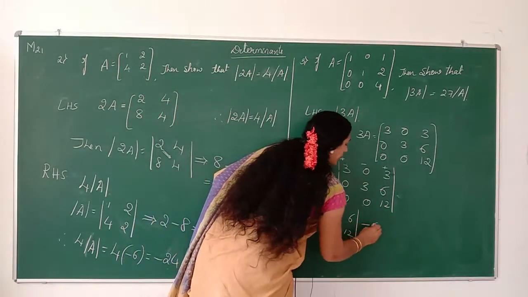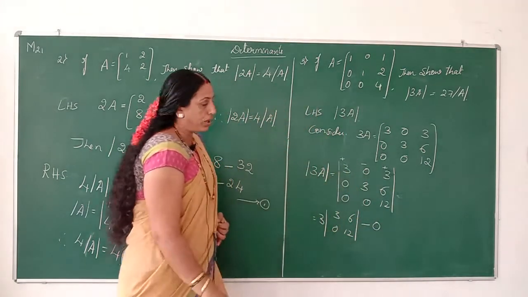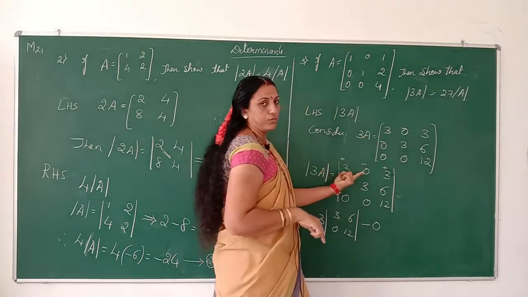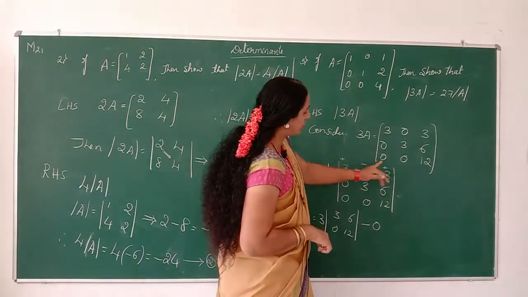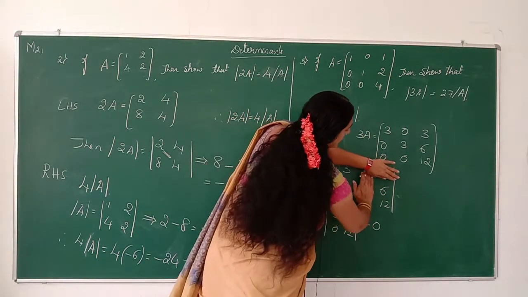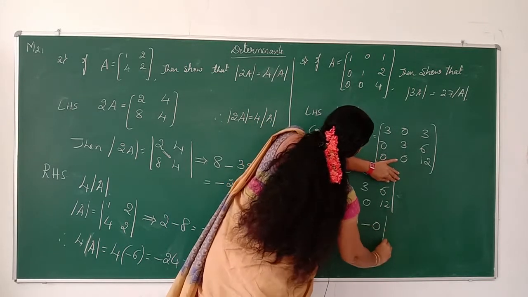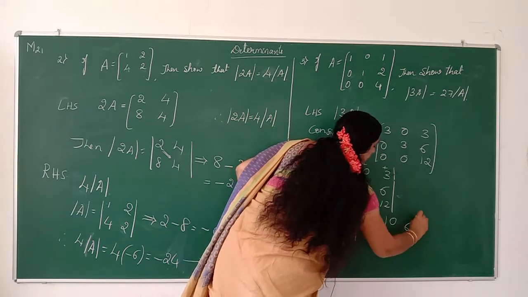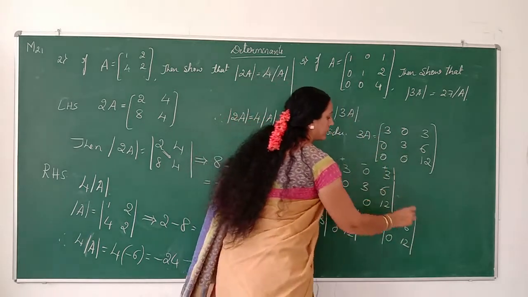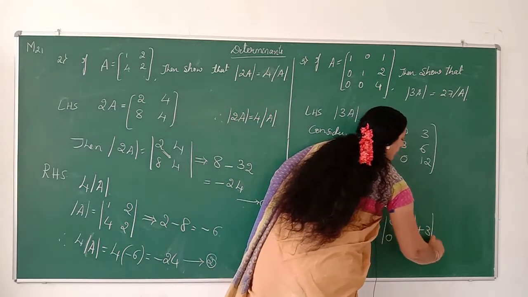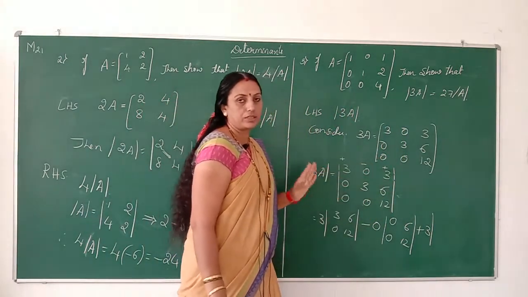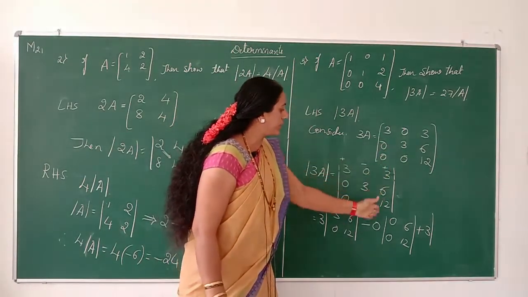Similarly, the next element is 0, which is an element of the first row and second column. Again these are neglected, and the remaining is 0, 6, 0, 12. Similarly, the third element is 3, an element of the first row and third column.